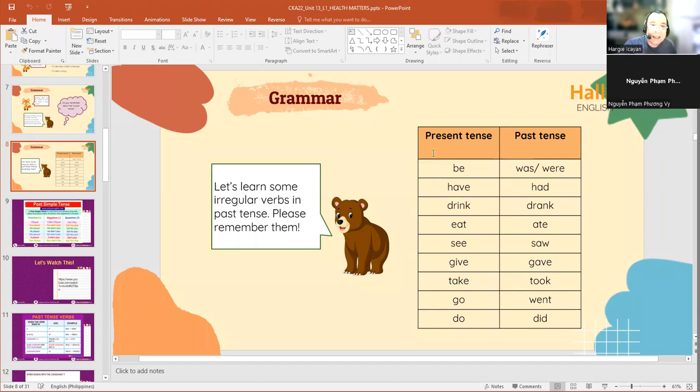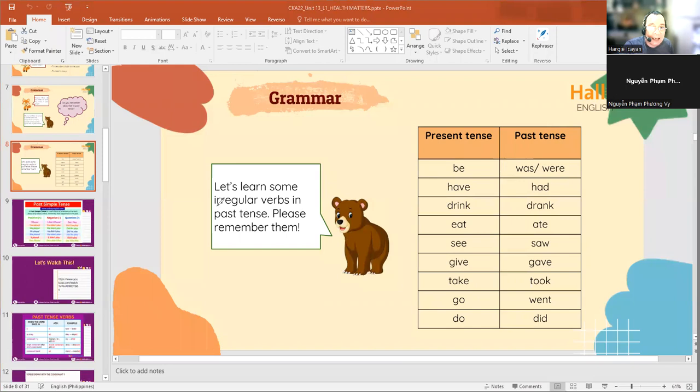Now, these particular verbs, in order to form the past tense of them, we need to change the spelling. There would be a change in spelling because all of these verbs, we call irregular verbs.